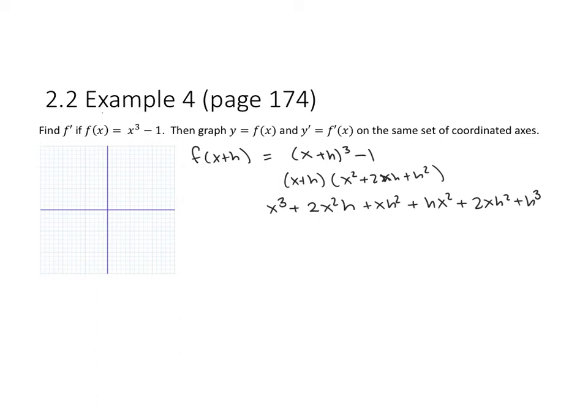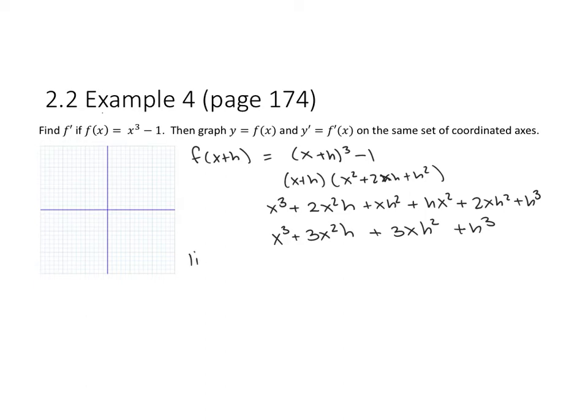And I can reduce or simplify that by combining some like terms. I have x cubed plus 3x squared h plus 3xh squared plus h cubed. And f of x is just x cubed minus 1.